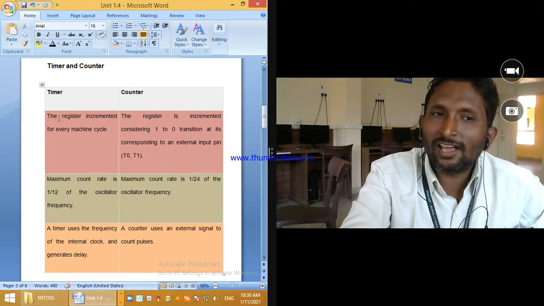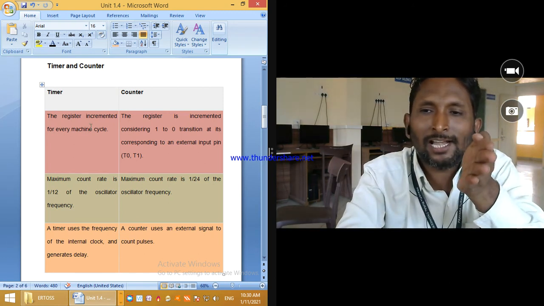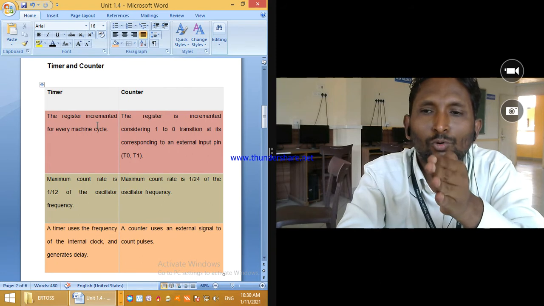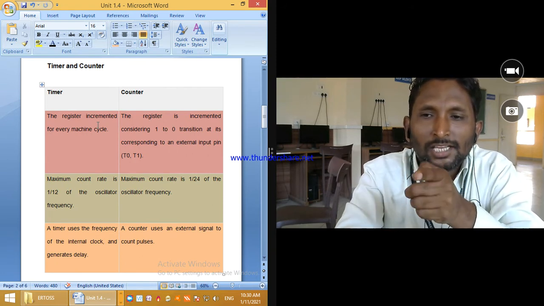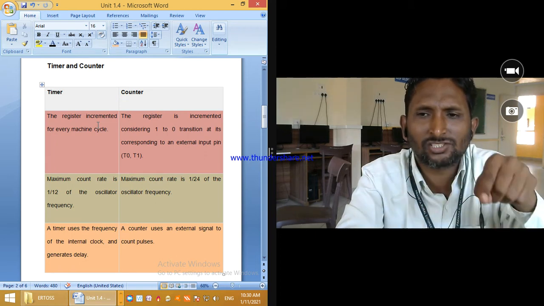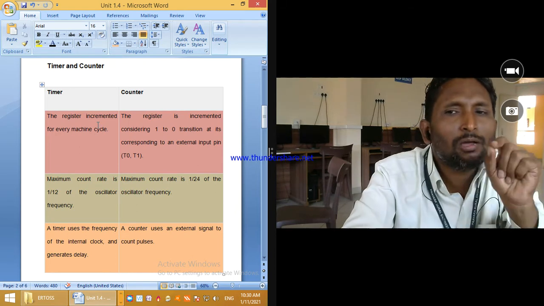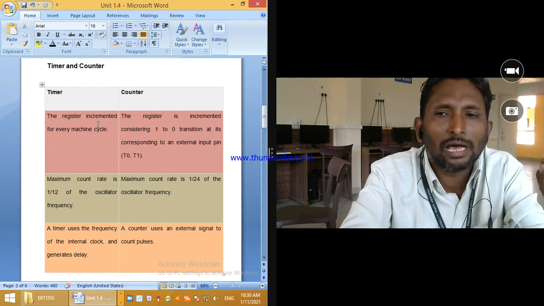So that's why the register is incremented for every machine cycle. This kind of movement from one place to another is counted as one machine cycle and is termed as 1 second, for example. And this phenomenon is called a timer.